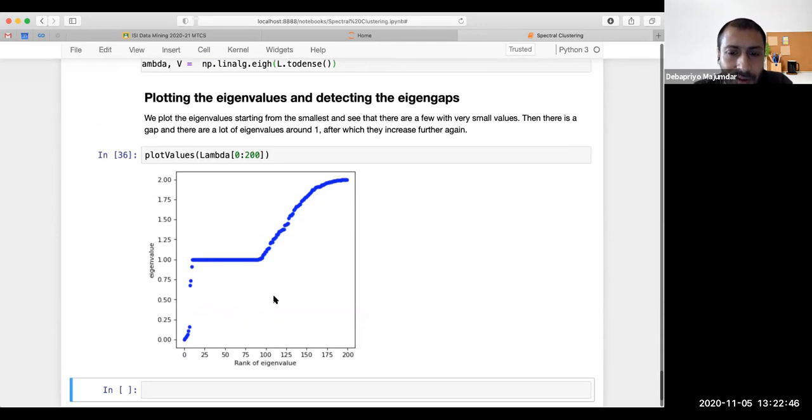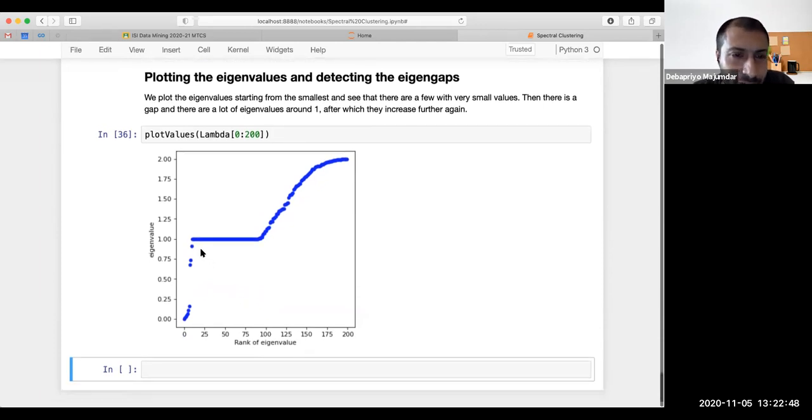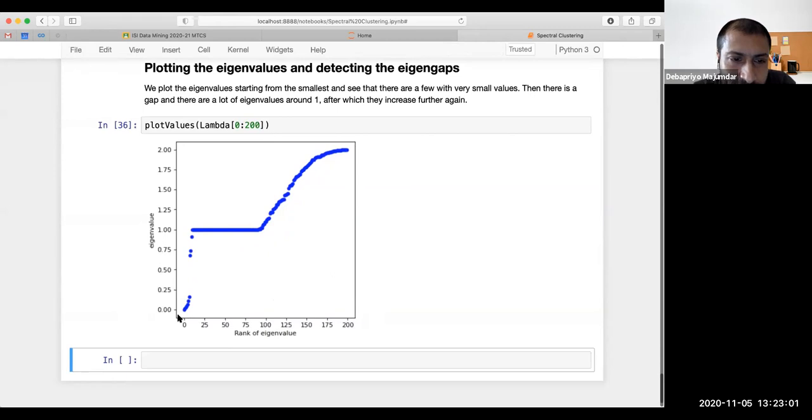Now it's actually an interesting thing to investigate why we have this huge multiplicity of eigenvalue equal to 1 here. That is not very clear from this, but there will be around 7 clusters to start with, then a few more clusters. You may also take around 7 or 8 or 9.